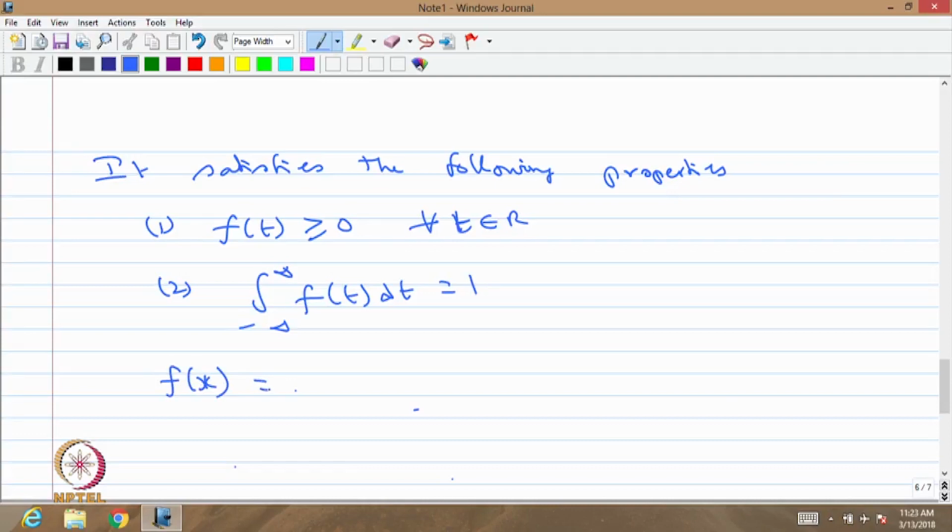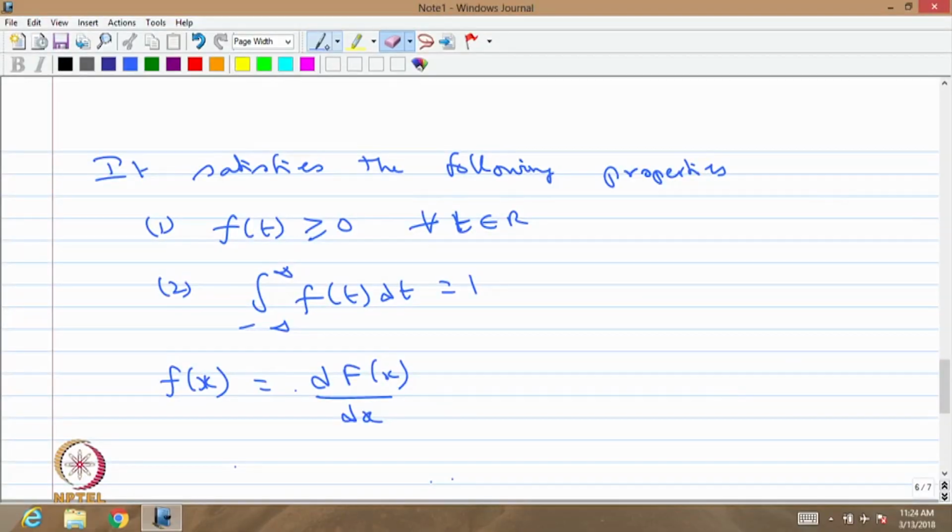I am writing f of x, either f of t or f of x, it does not matter. By differentiating the CDF with respect to x, you will get the probability density function. From the CDF you can get the PDF, and from the PDF you can get the CDF. We are going to do some examples, and we will explain in detail.